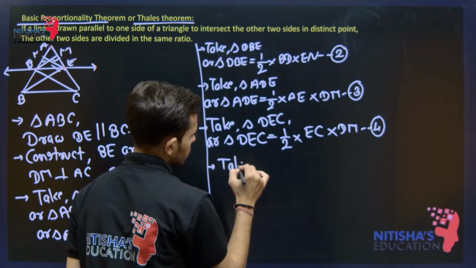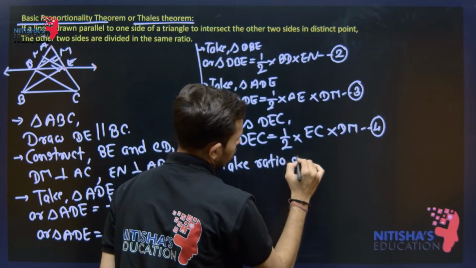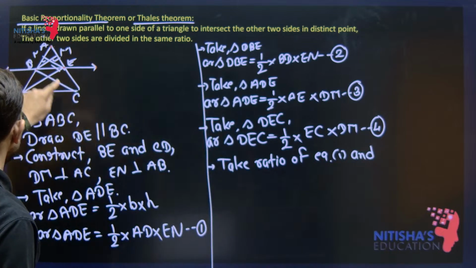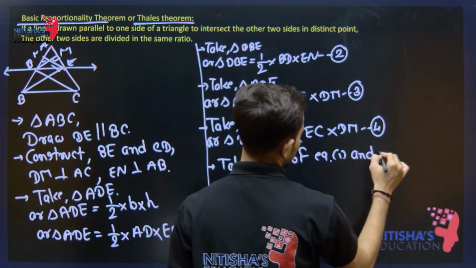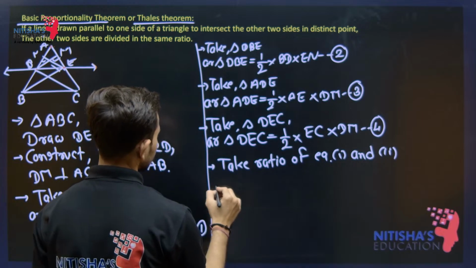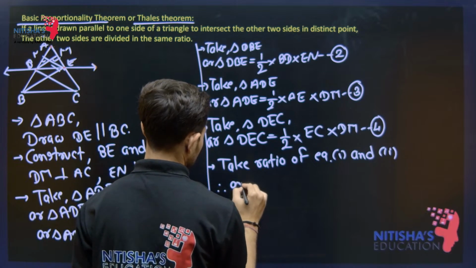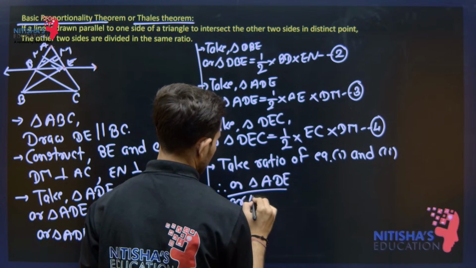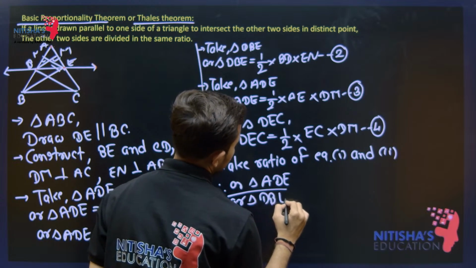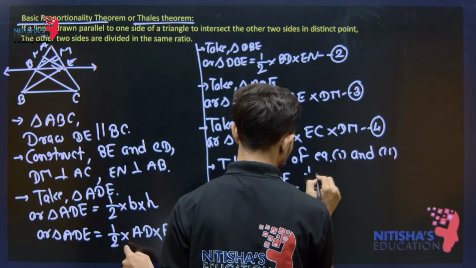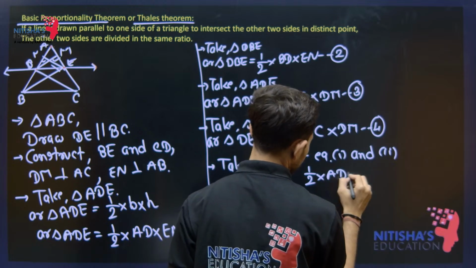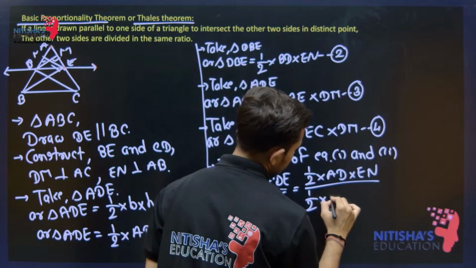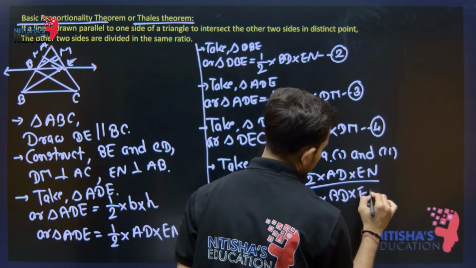Now take the ratio of equation 1 and equation 2, then it will become area of triangle ADE upon area of triangle DBE is equal to 1 upon 2 into AD into EN divided by 1 upon 2 into BD into EN.